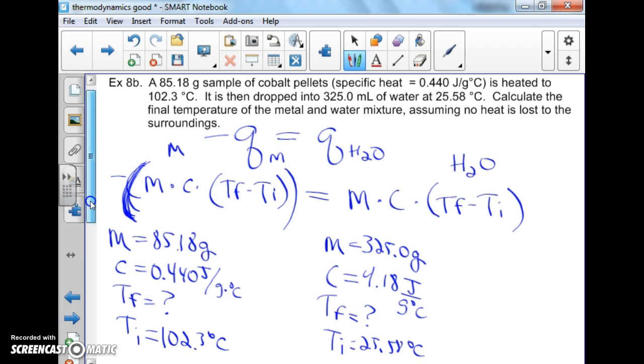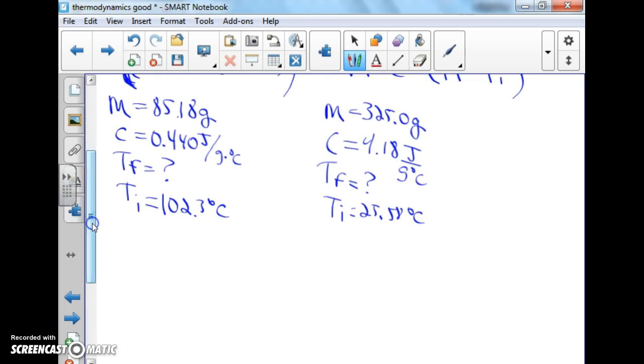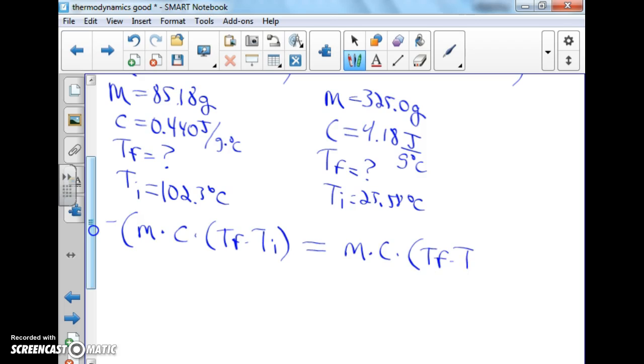All right, so the next thing we're going to do is plug these numbers into that formula up above. I'm going to rewrite it so that I have space so you guys can see what I'm doing. So we said it was negative M times C times TF minus TI, that's for the metal side. And then M times C times TF minus TI for the water side. So we're going to plug in our values from right above. I'm going to keep my negative outside that parentheses for a while, so that I don't lose it when I'm working with my algebra.